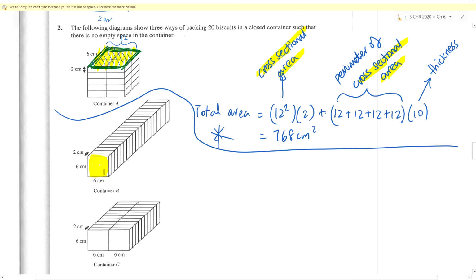This is the part that is repeating. And while we are at it, can you identify where is the cross-sectional area for container C? This will be our cross-sectional area, okay? So in order to use this formula, we must identify where the cross-sectional areas are.